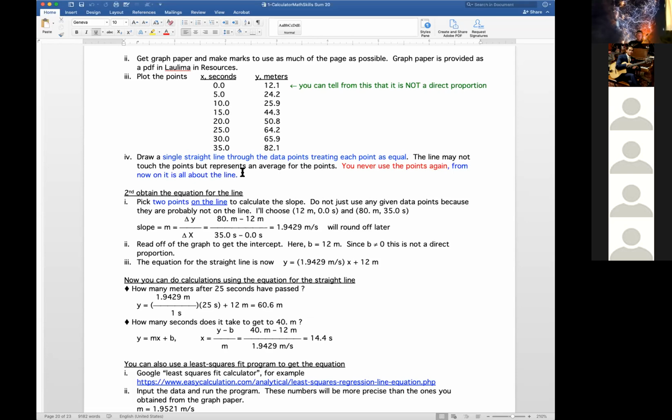But my point is this: you could make your graph this big, but there's a way to make it much bigger. If you use it this big, when you put your data on here, you'll be able to get more substantial numbers off of the graph paper. So what you want to do is figure out how many spaces there are for one unit of whatever you're doing, to use as much of the graph paper as possible.